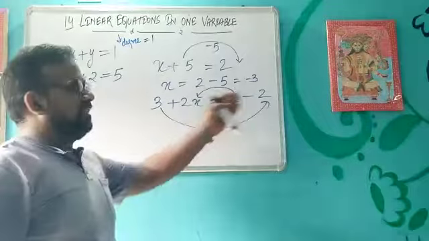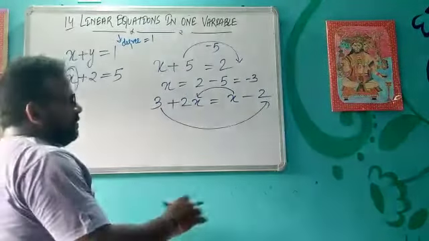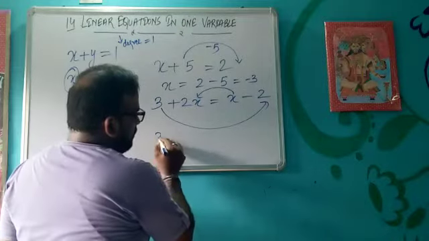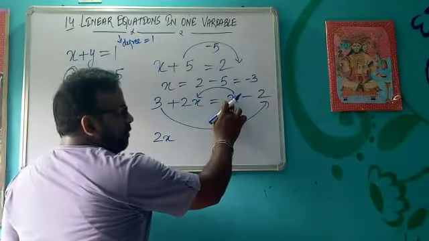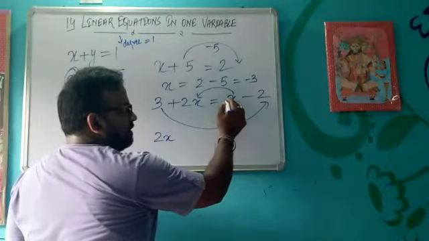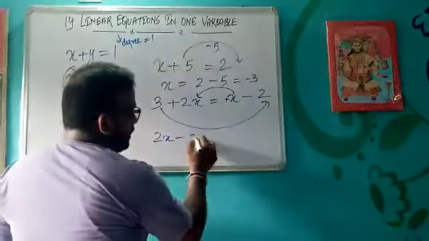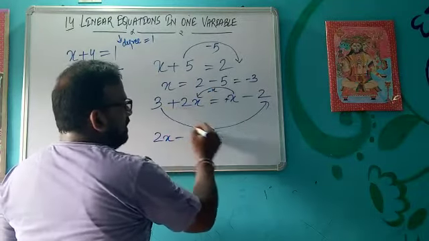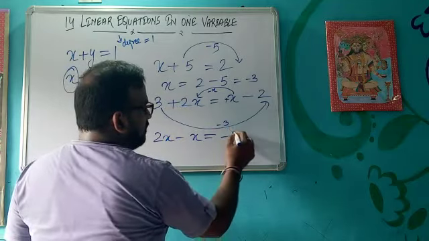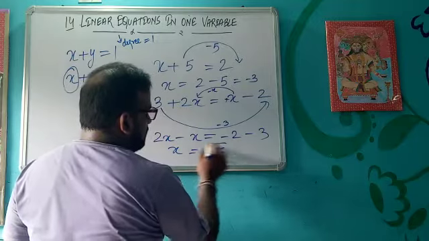But you can keep the variables on either side, there is no problem. But for our sake, we will keep all the variables on one side. Since it is a plus of x, anything which has no sign means it is a plus. So it becomes minus x. And this 3, when it goes there, becomes minus 3. So I got x equal to minus 5.